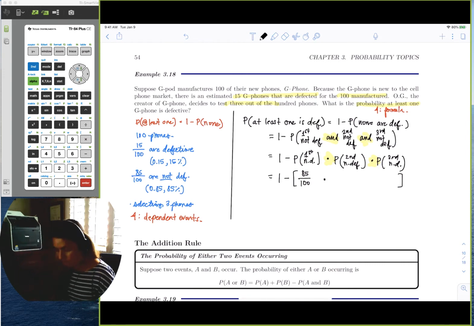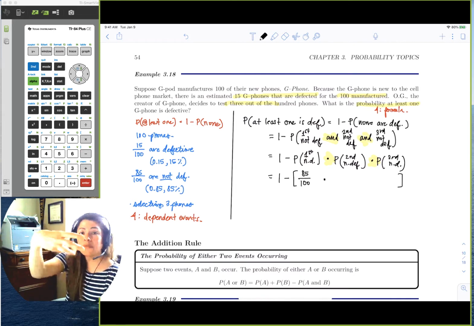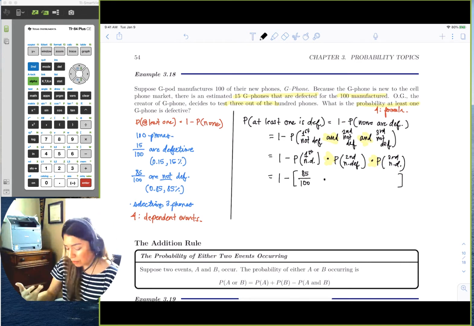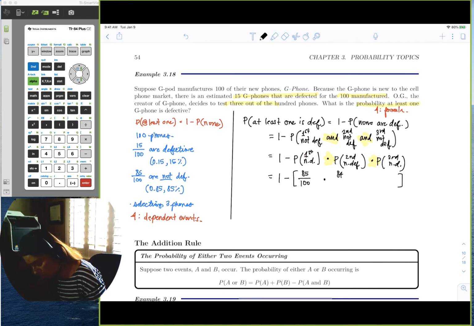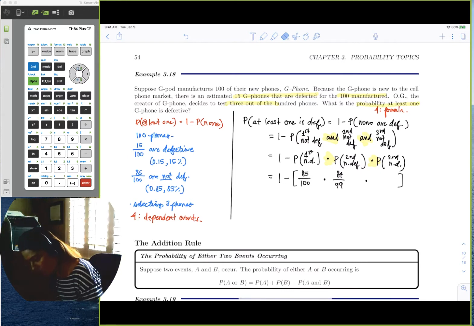Times, now let's talk about the second one. How many phones are left in the box? That's right, 99. How many phones left that are not defective? Well, there was 85 to begin with. I already took one, so I have 84 in there out of 99. Times that third one, and now you can see the pattern. There's 83 left out of 98.